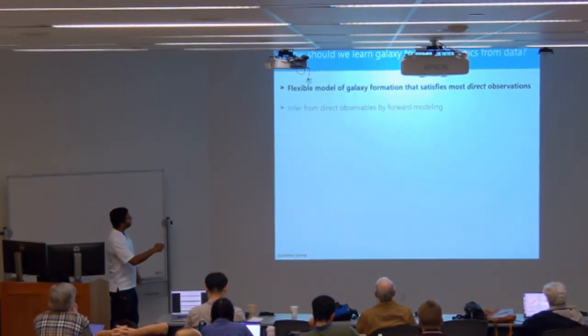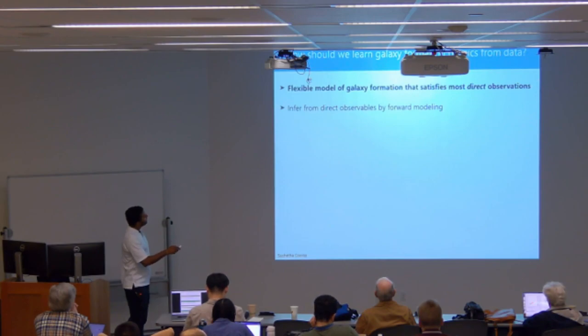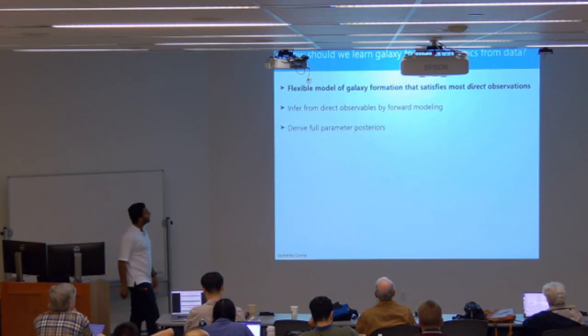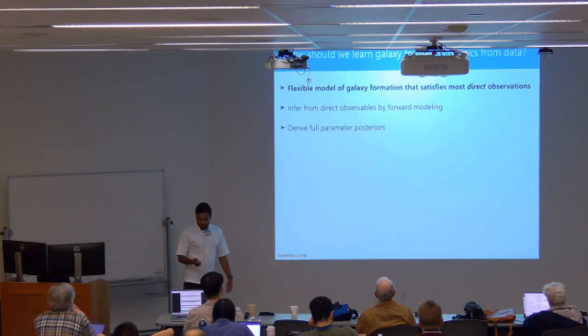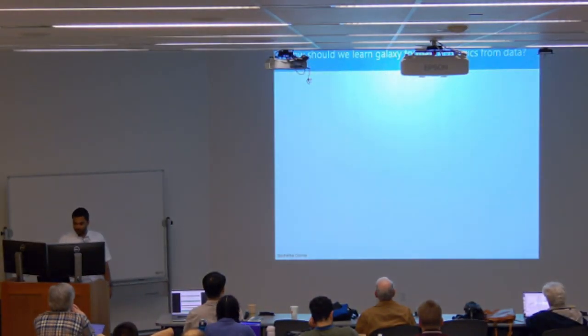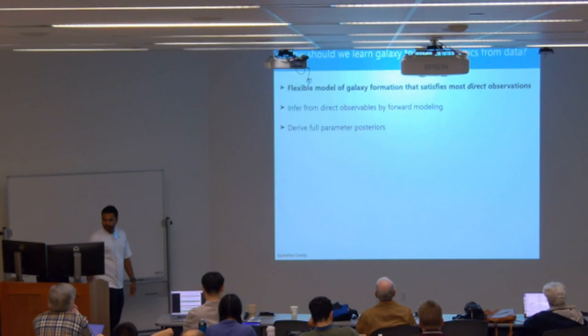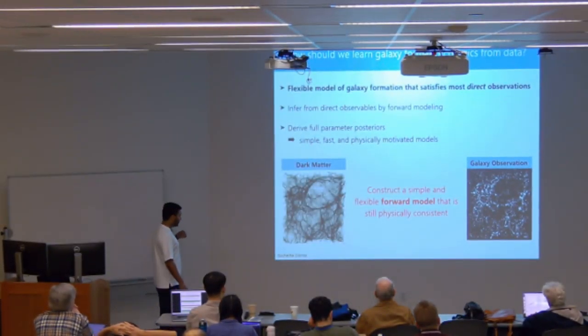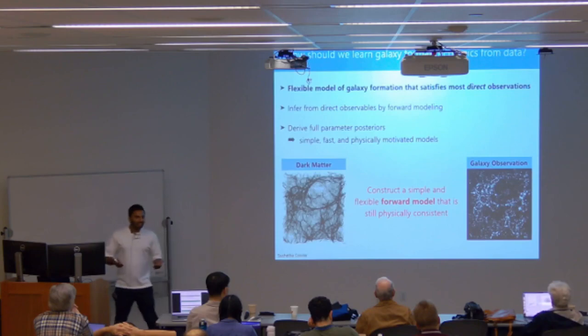Just repeating what I've said, we need a model that satisfies the most direct observations, and then we want to derive parameter posteriors. Since we are in a galaxy evolution workshop, I think I won't offend many people by saying we can assume cosmology better than we assume galaxy formation.